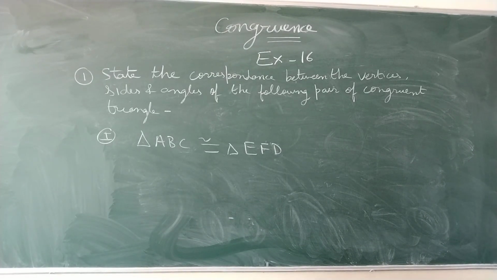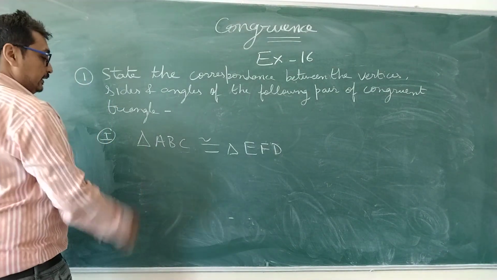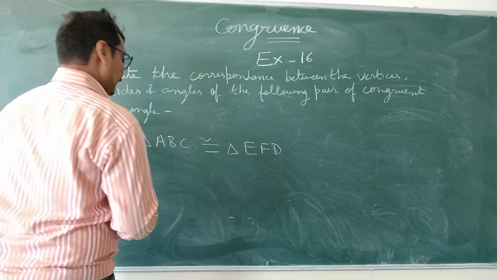State the correspondence between the vertices, sides and angles of the following pair of congruent triangles. Here triangle ABC is congruent to triangle EFD.